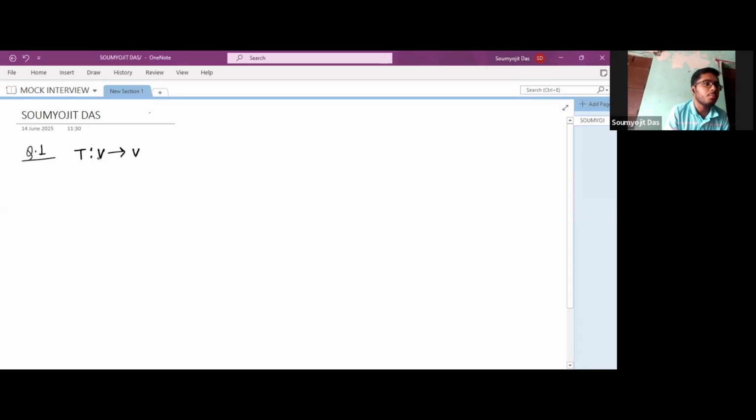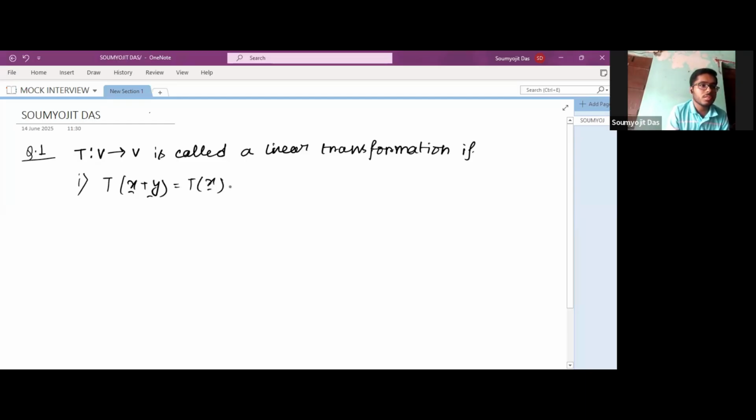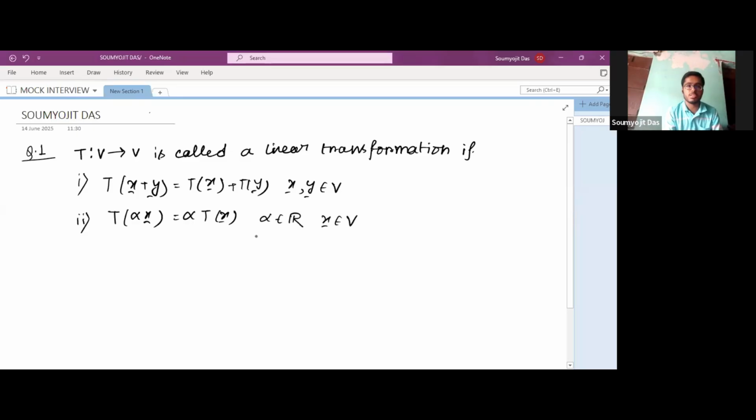A function from a vector space V to V is called a linear transformation if it satisfies that T of x vector plus y vector equals T of x vector plus T of y vector, where x, y vectors belong to V, and the second axiom is T of alpha x vector equals alpha times T of x vector, where alpha belongs to any real number and x vector belongs to the vector space V.